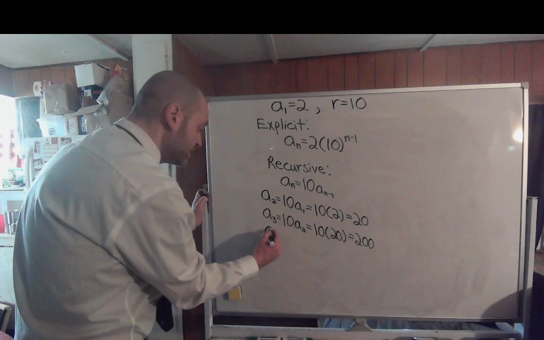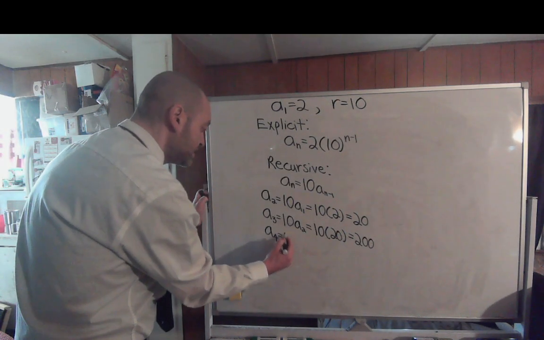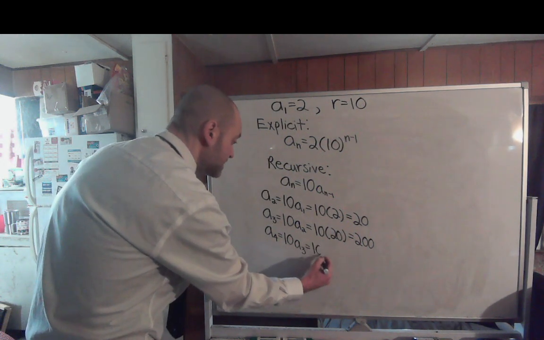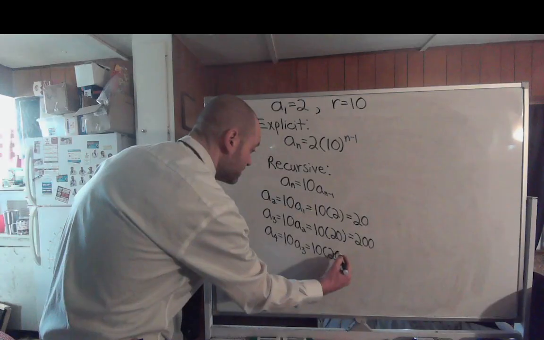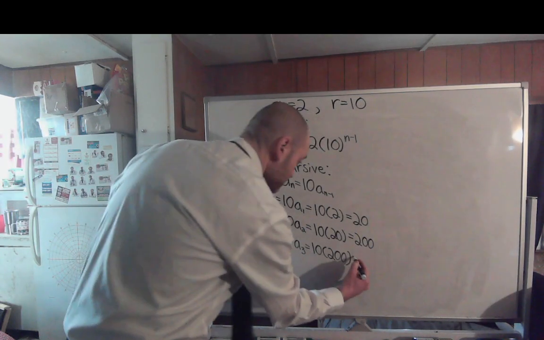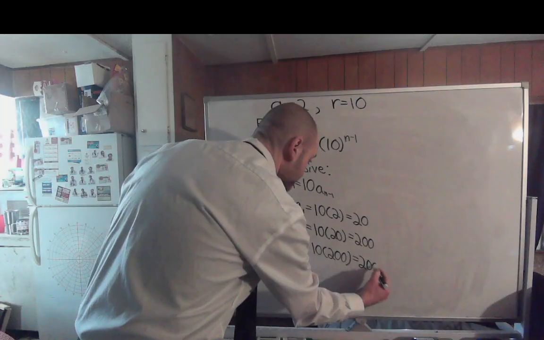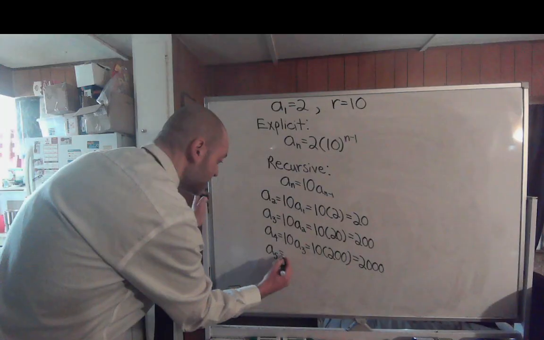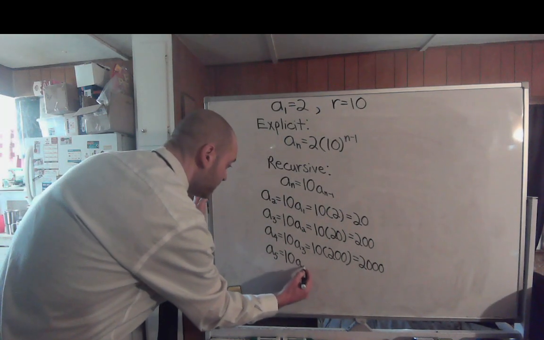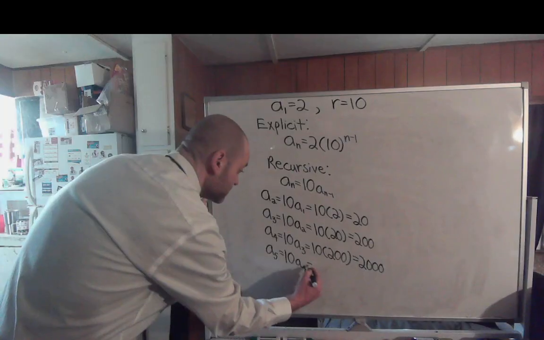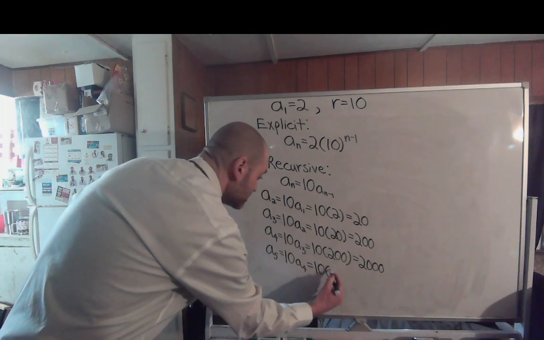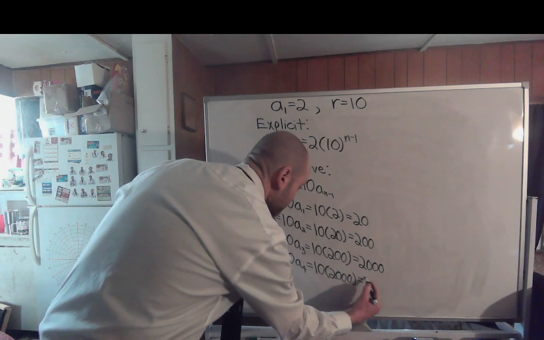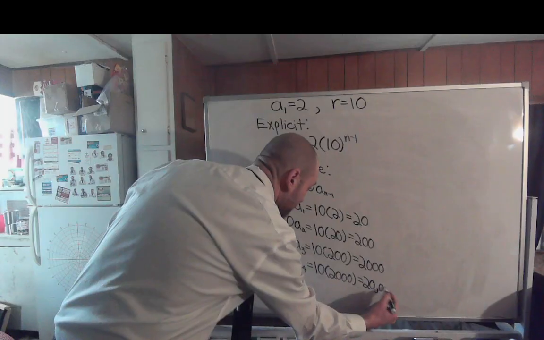If I want to find the fourth term, that's going to be 10 times my a sub 3, which would be 10 times 200, which would give me 2,000. Then if I want to find the fifth term, I would just take 10 times my a sub 4. So that's going to be 10 times 2,000, which would give me 20,000.